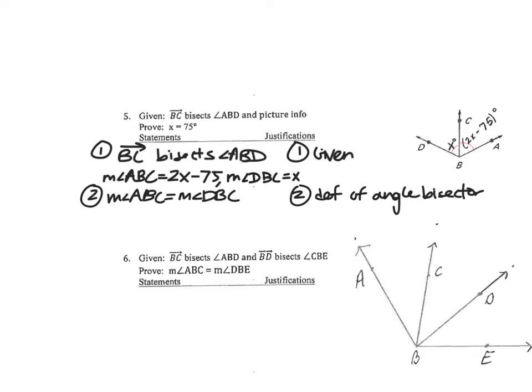So you can take this one and put it here, and this one and put it there. This is just like what we did last week. So now replace it, and you'll write a new equation on line 3. Line 3 should say 2x minus 75 equals x, and your reason is substitution.